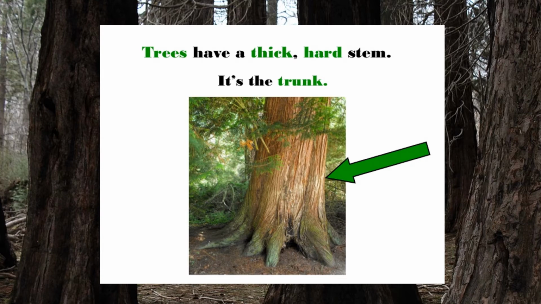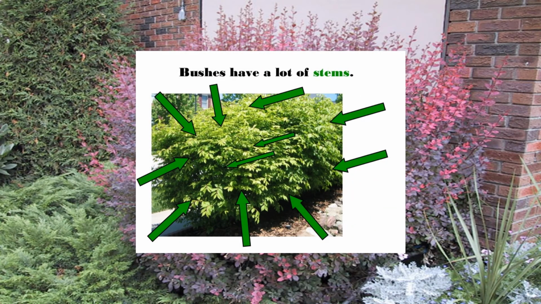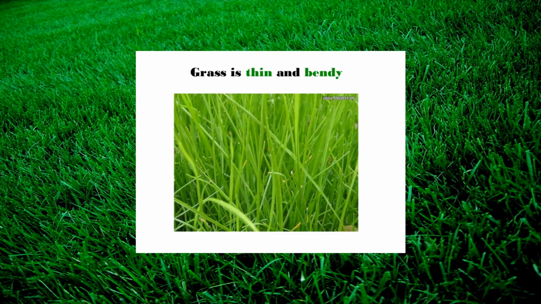It's hard and it's rough. Bushes have lots of stems because they have lots of leaves that come out of them. So bushes don't have a main trunk like the trees. They have lots of stems. Grass doesn't seem to have a stem. Grass is thin and bendy.